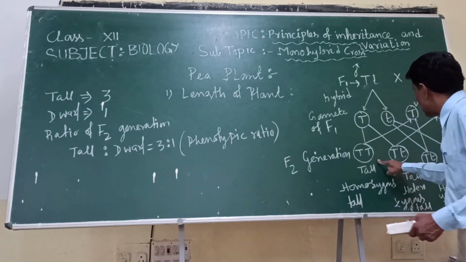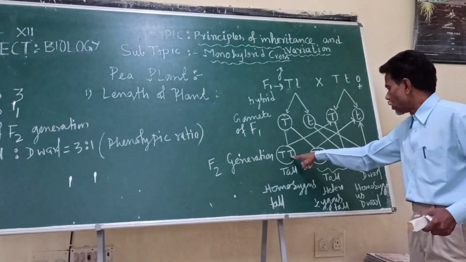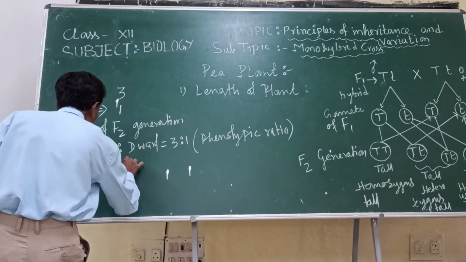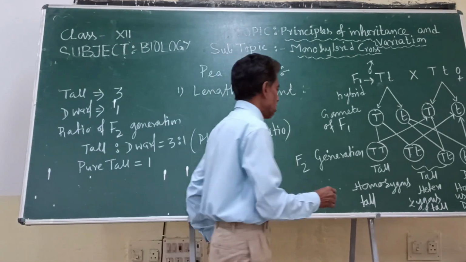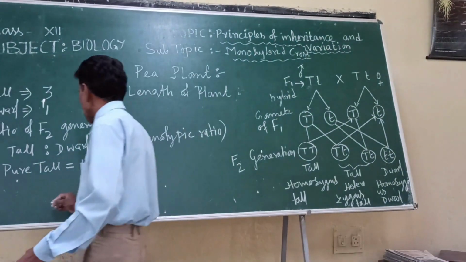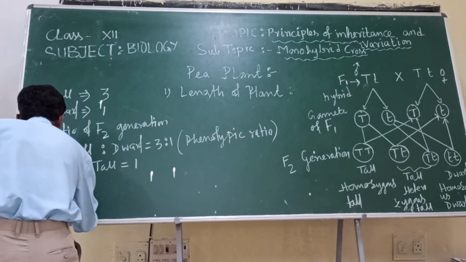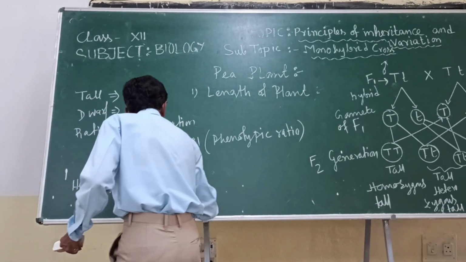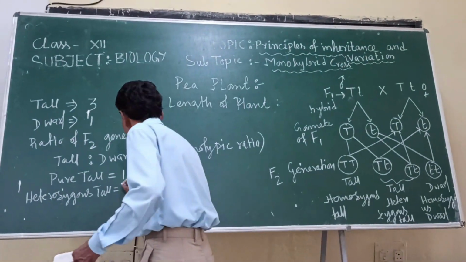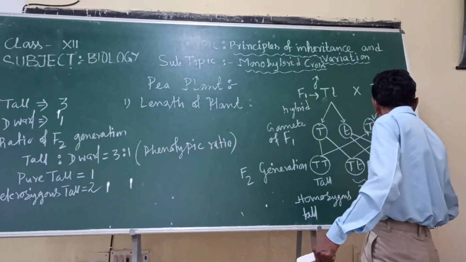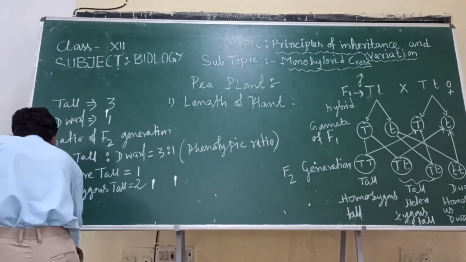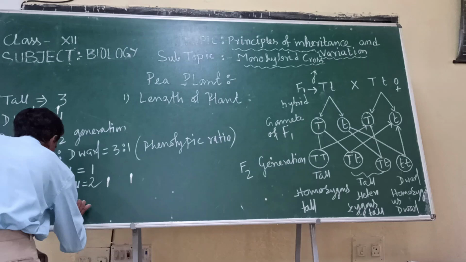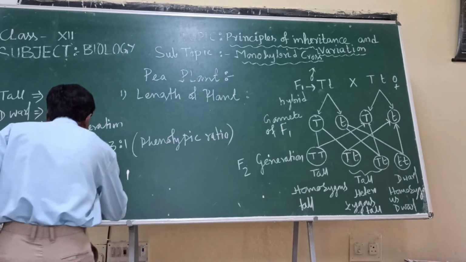But what about the gene character? Gene character is capital T capital T, 1, pure tall; capital T small t, 2, heterozygous tall; and small t small t, homozygous dwarf, that is pure dwarf, 1.